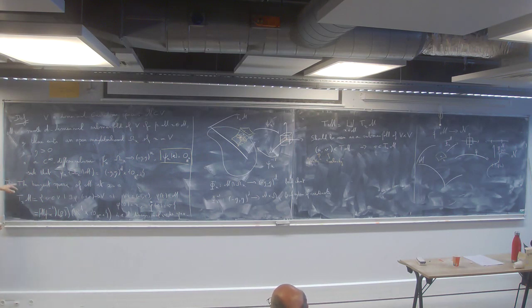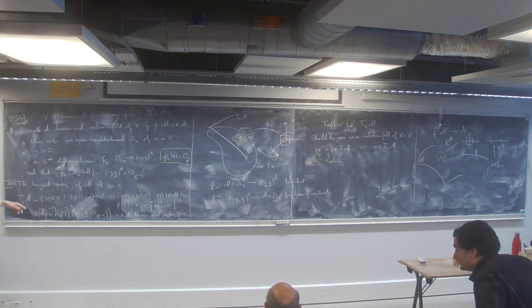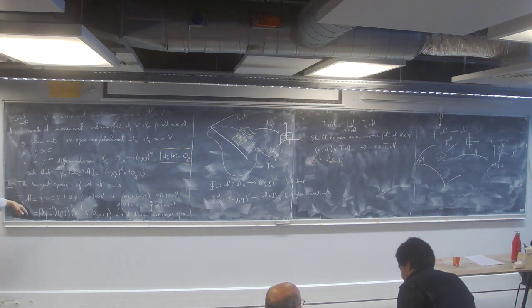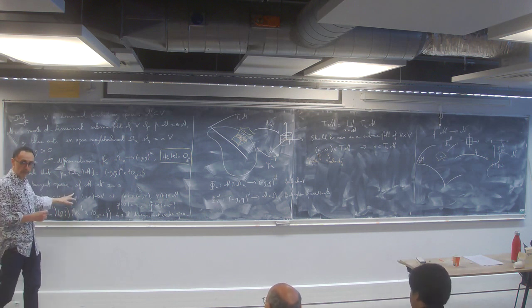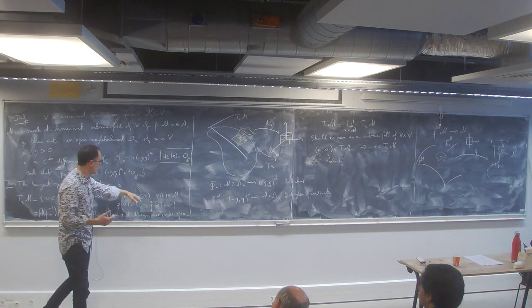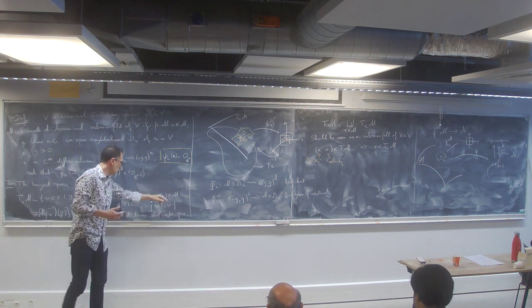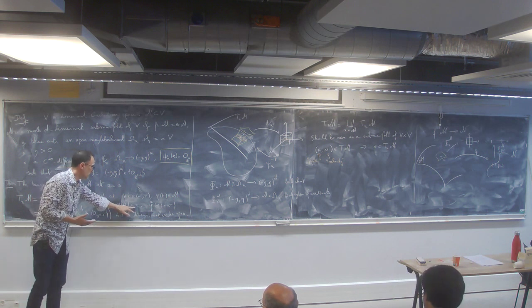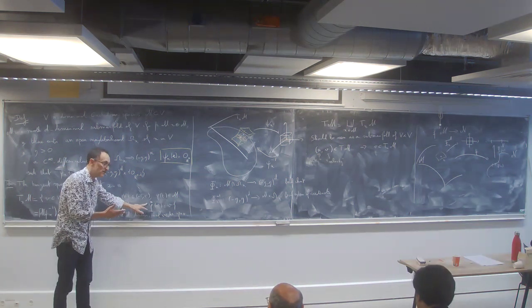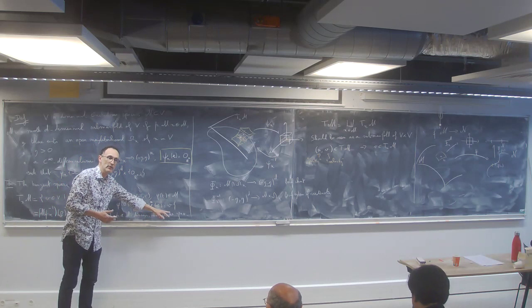And then we also defined the tangent space of M at x as the set of vectors v in V such that there exists a smooth path phi drawn on the manifold M, such that phi at time 0 is at x, and the time derivative of phi at 0 is equal to v.